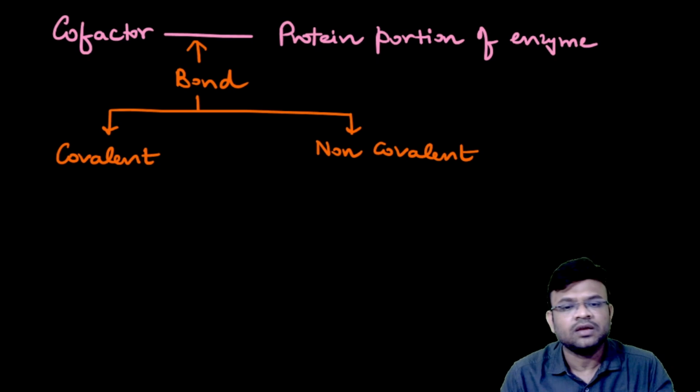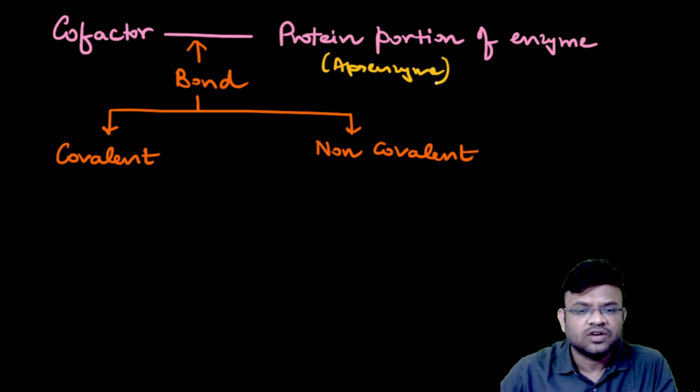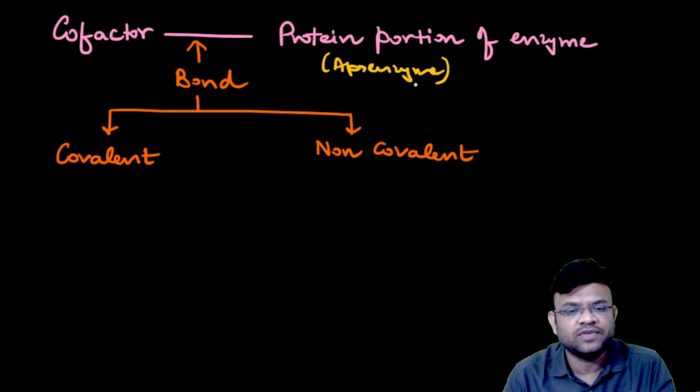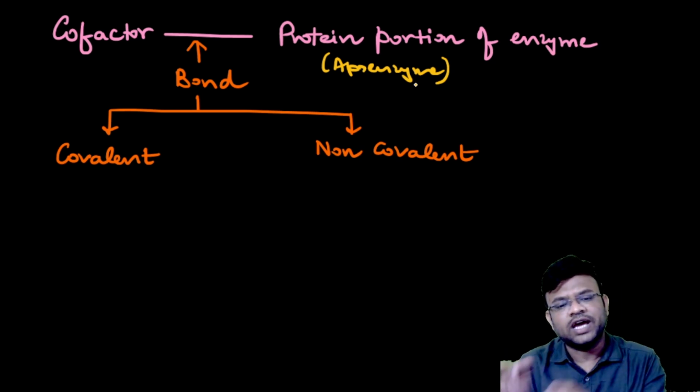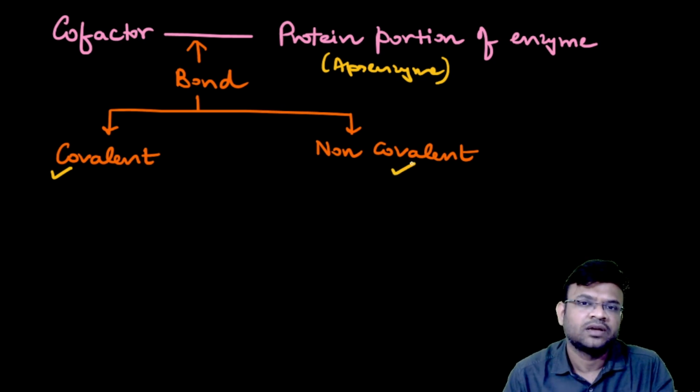Now understand this: cofactor can be connected to the proteinaceous portion. Proteinaceous portion means apoenzyme. That means the cofactor and apoenzyme are connected with a bond. Obviously, they will be connected with a bond. This bond can be of two types. It can be covalent in nature and it can be non-covalent in nature.